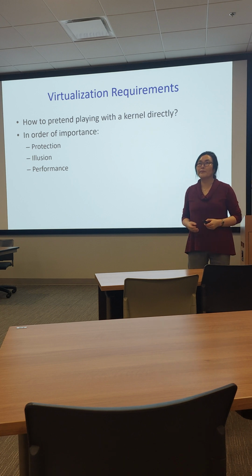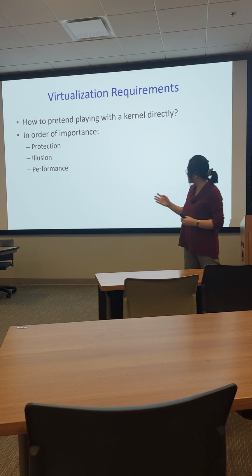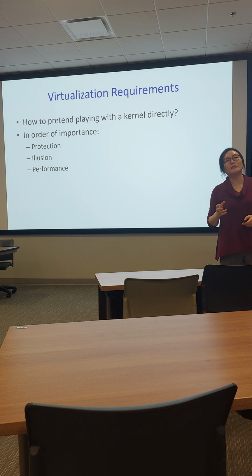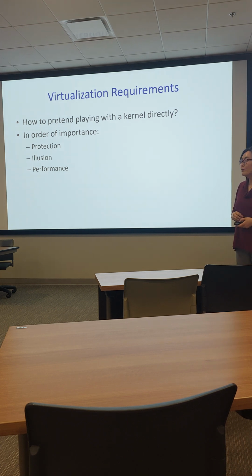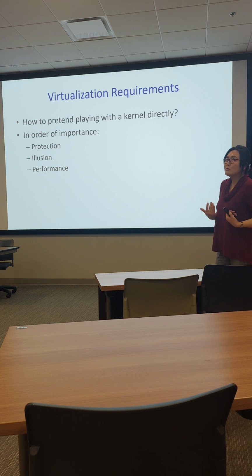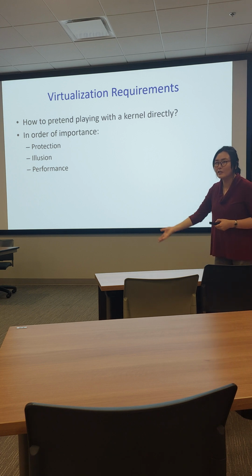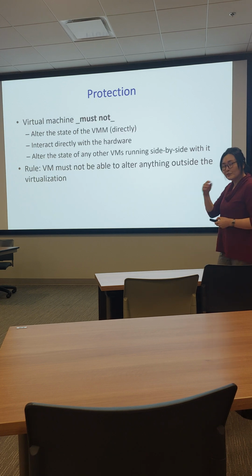These are some of the important components: protection, illusion, performance. Performance means we want it to do what it's supposed to do well, right? Protection is really about the virtual machines, which have to be isolated from each other and should not interfere with each other's operations. And for users, they shouldn't feel this virtualization running underneath. That's the illusion.